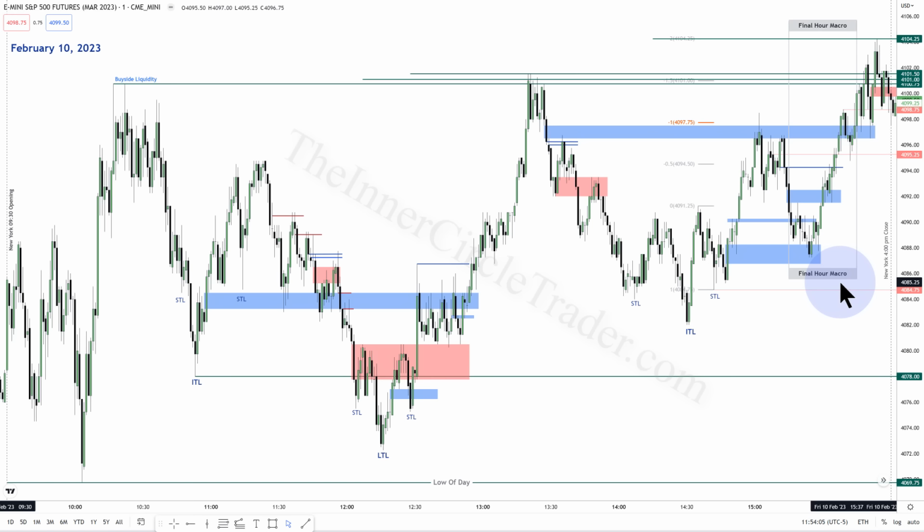Yes, it trades till 5 o'clock, but the bulk of the volume is going to be encapsulated by 4 p.m. 15 minutes after 3 to 45 minutes after 3, that 30-minute interval is a macro. And the algorithm will do a market on close run where it spools to a point of liquidity that had not been targeted yet, but would be the obvious one, that being the buy side here.